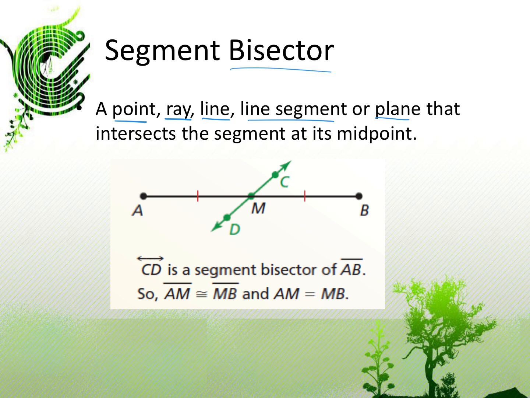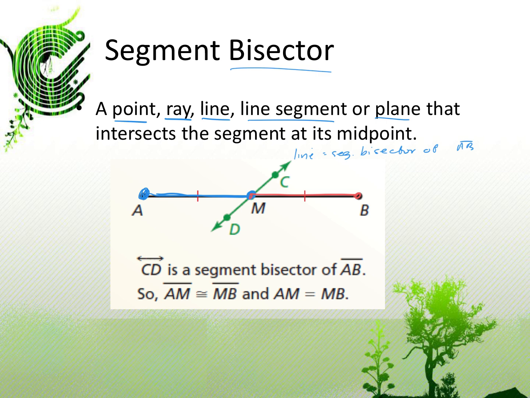So if I know that this line is a segment bisector of segment AB, then I know that this point here is the midpoint, and I know that, for example, AM is now going to be the same size as MB. I've split it in half.